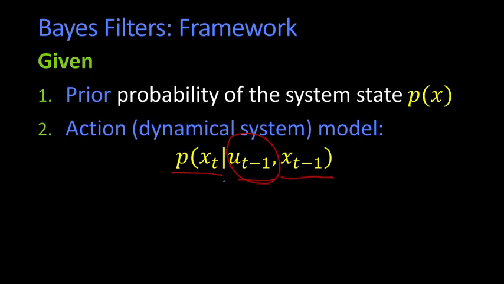The world is sometimes schizophrenic about whether you think of the input as happening just after the last measurement, so it was u at t minus 1, or u happened now and I want to estimate what the state is now. So whether it's u_t or u_{t-1}, it's whatever you're going to add on to x_{t-1} in order to make your prediction about x_t. All right? So we're given these 2 things. We're given a prior and action model.